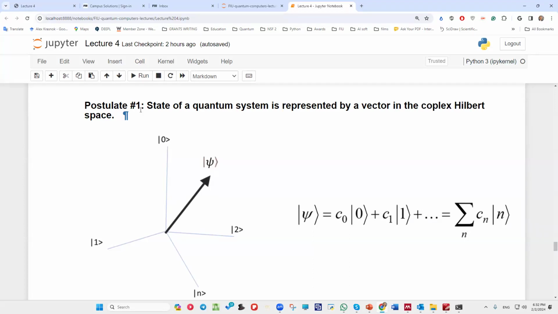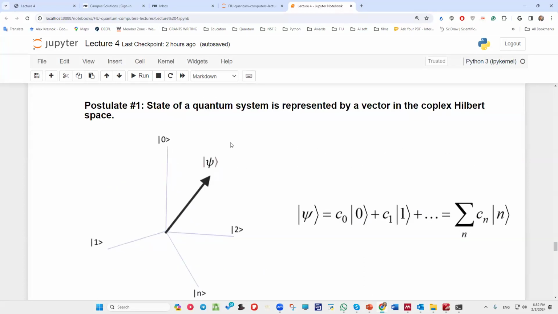So let's say I have a quantum computer. Still, the state of all these systems, regardless of what it is exactly, electron or quantum computer, is represented by the state vector. We call it psi vector, in a complex Hilbert space.